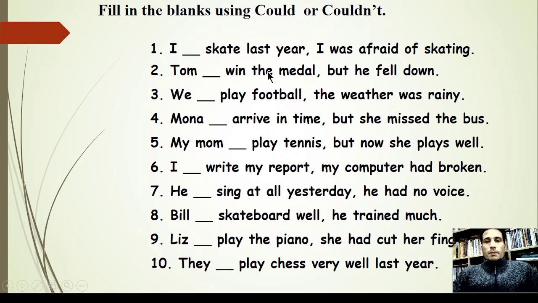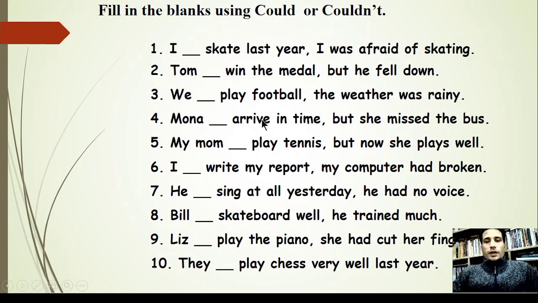Tom dash win the medal, but he fell down. Again, Tom could not win the medal, but he fell down. I'm sorry, Tom could win the medal, but he fell down. Okay, so here we have could. We dash play football. The weather was rainy. Again, here it is a negative structure because the weather was rainy. It shows that we could not play football because the weather was rainy.